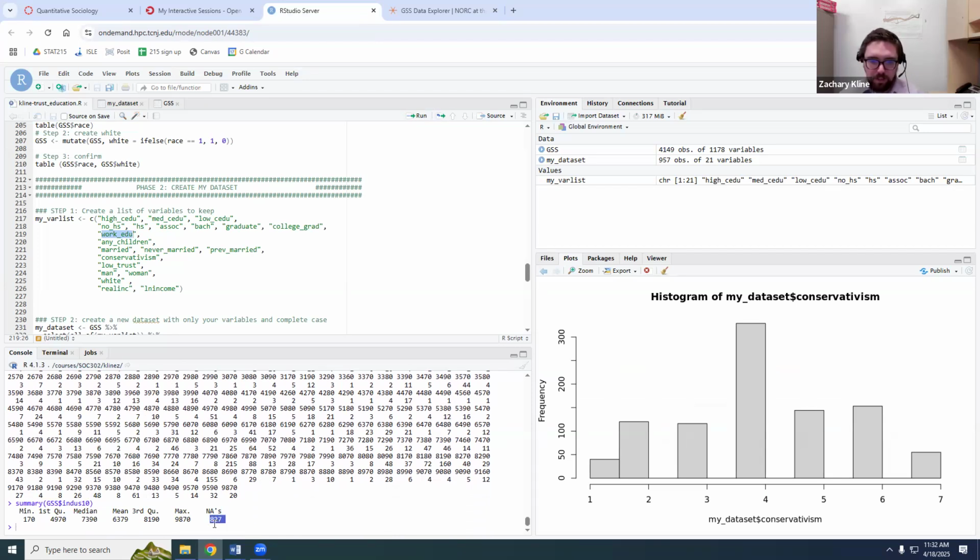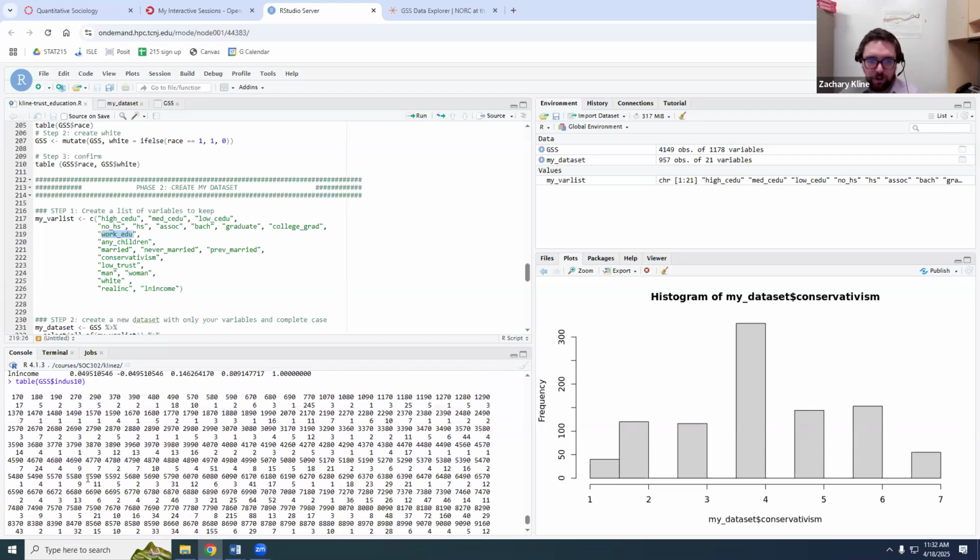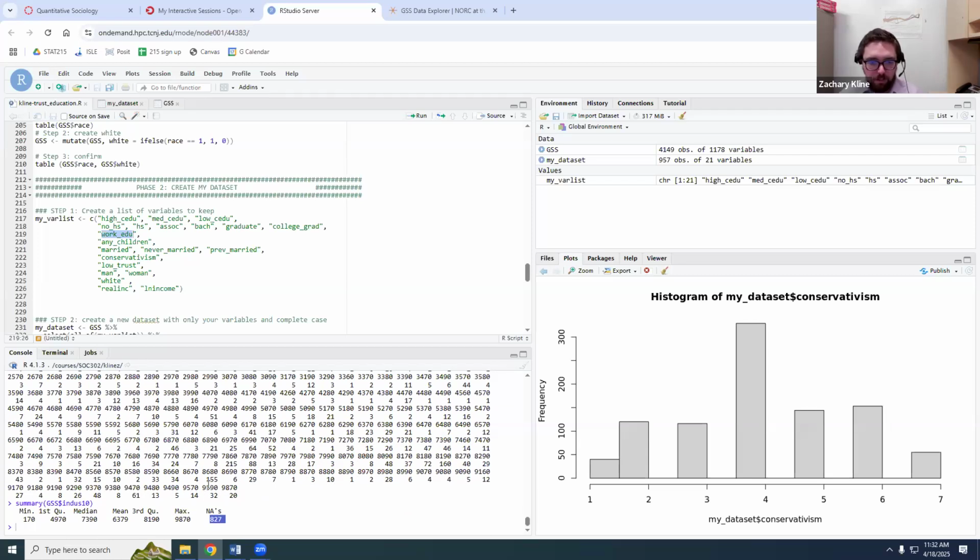Only 800 NAs, but I believe that this question is only asked of people that have a job. We're not going to ask someone's industry code if they aren't working. I'd want to dig into that a little more before I said that confidently, but I believe this is a filter question.